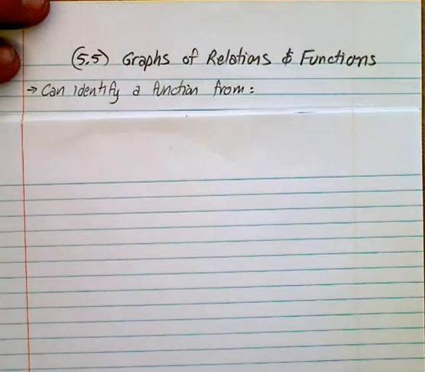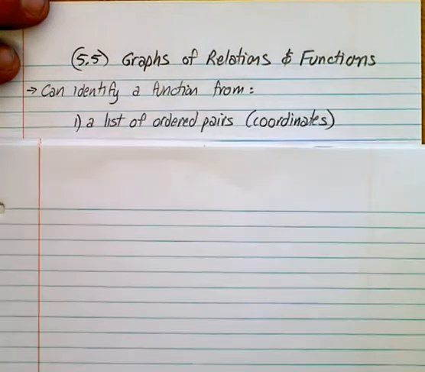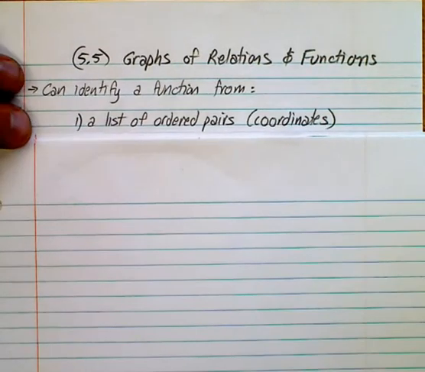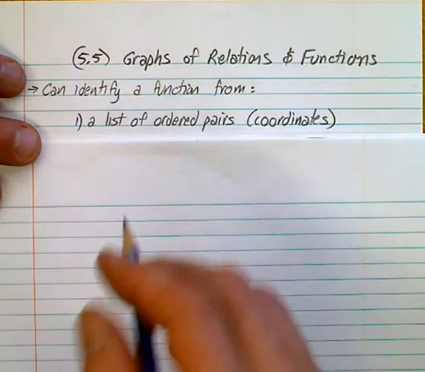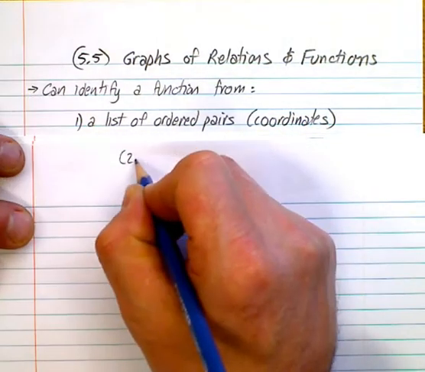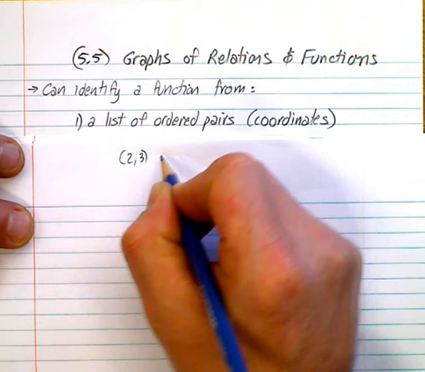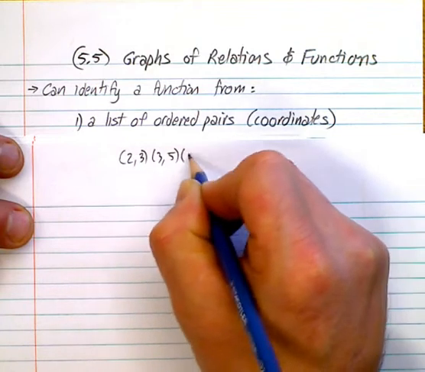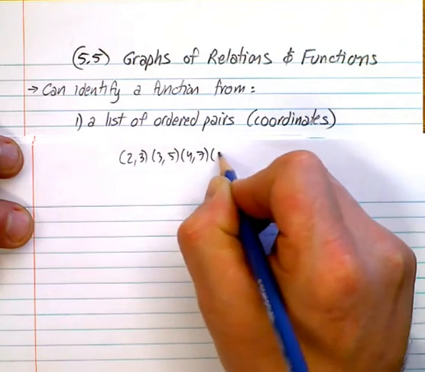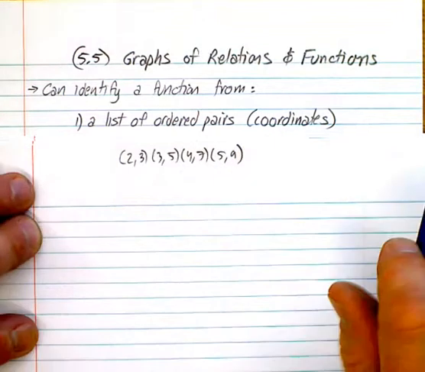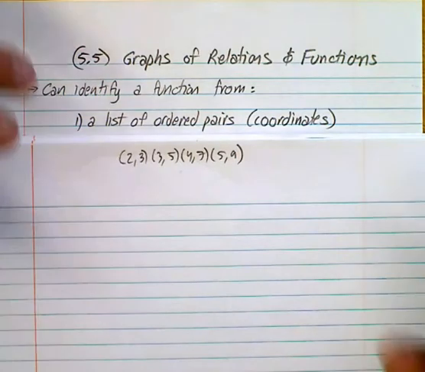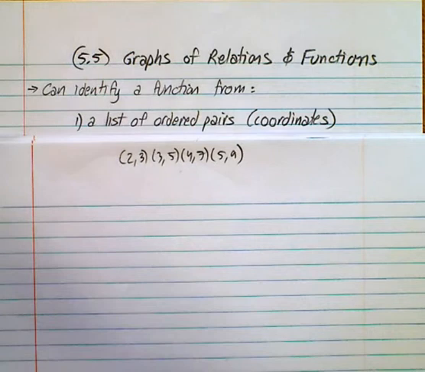So first of all, we can identify a function from a list of ordered pairs, right? For example, if I gave you a list of ordered pairs, (2, 3), then (3, 5), then (4, 7), and then (5, 9), hopefully you'll be able to tell me whether that's a function or not. And I think you guys know where you need to look, and it's actually at the x value, right?